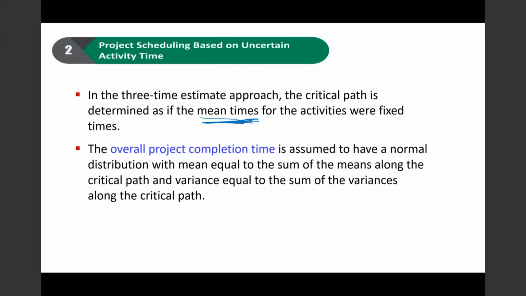The overall project completion time is assumed to have a normal distribution with mean equal to the sum of the means along the critical path, and variance equal to the sum of the variances along the critical path. So the project completion time mean equals the sum of the means along the critical path, and the variance of the project completion time is the sum of the variances, again along the critical path.